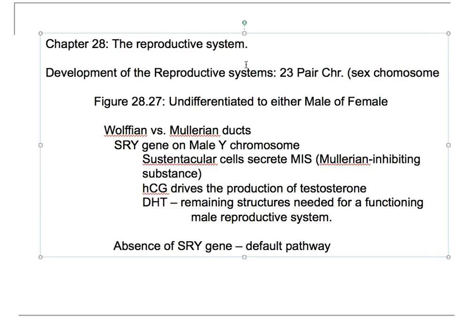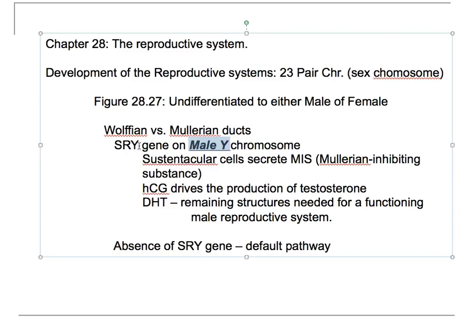And in those sex chromosomes, what you actually have on the male Y chromosome, and let's go bold, underline, and italicize to make sure you understand the significance of this, is a gene called the SRY gene.